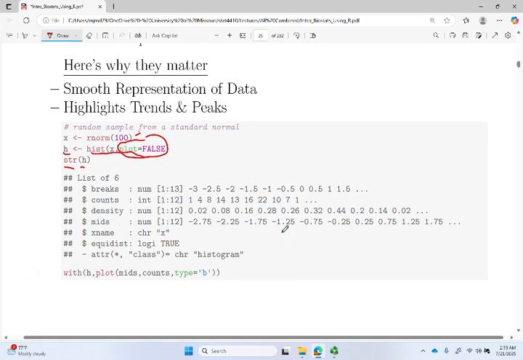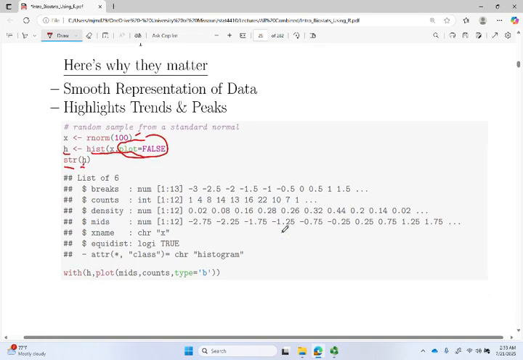Create a random sample. Let's create a histogram. We're not going to plot it because it'd be the same plot, but we're going to store all that information that histogram creates into a variable called H. Now, str is a command that I think you should get to know, and it stands for structure. It tells us the structure of an object.